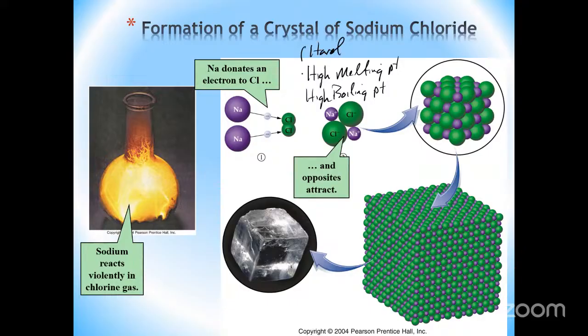Those are just some of the properties that will be observed when it comes to ionic compounds. They tend to be hard, they tend to have high melting points, and they tend to have high boiling points, all right? And that is all as a result of the strong attractive forces that exist between the ions, all right?